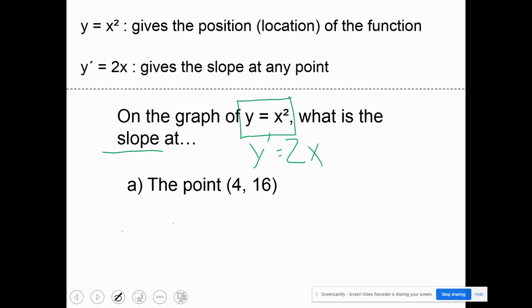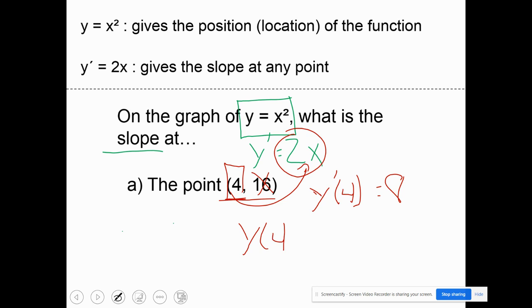All you have to do is double the x value and you'll know the slope. So how about the point (4, 16)? As it turns out, I don't need the 16 to help answer this. I only need the 4. If you plug 4 in here, you would find that y prime of 4, that means the slope, is equal to 8.